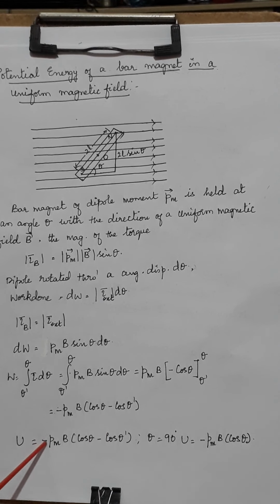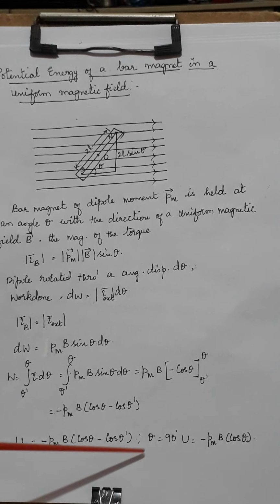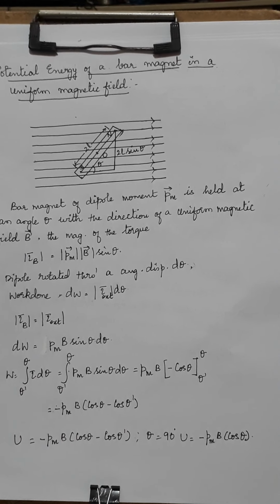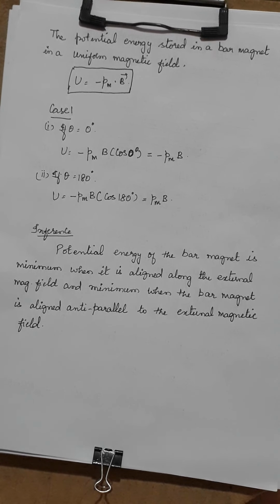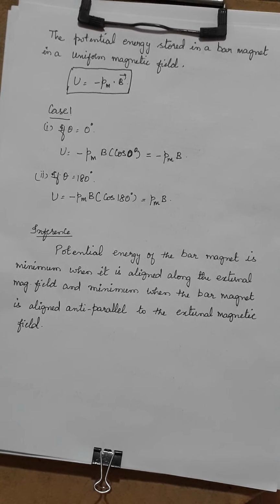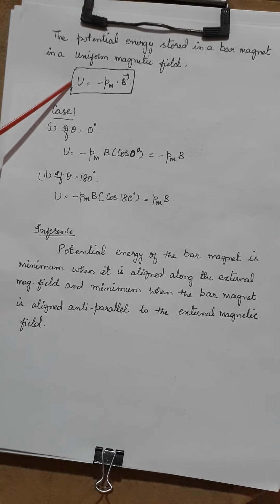So this turns to be minus PMB cos theta. This happens only when theta dash is equal to 90 degrees. So if theta dash is equal to 90 degrees, you get the answer. That is the potential energy U. That is, the amount of work done is stored as potential energy.